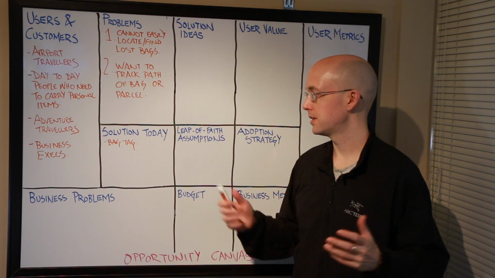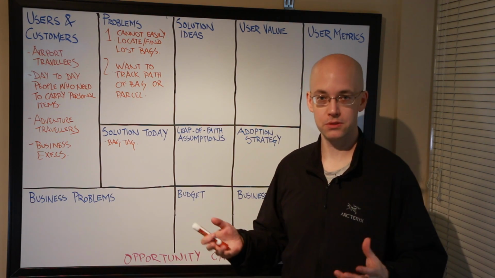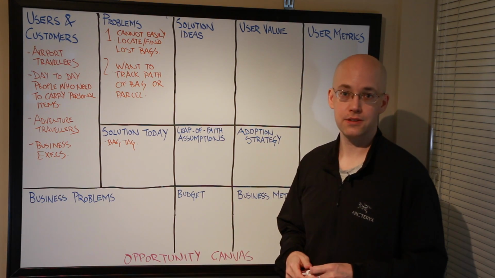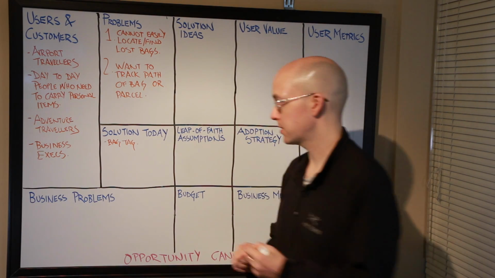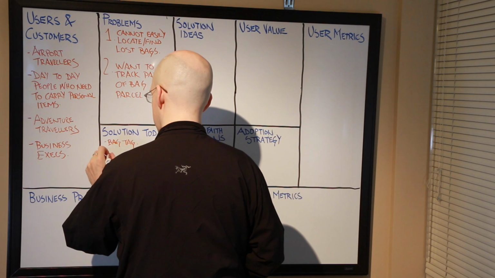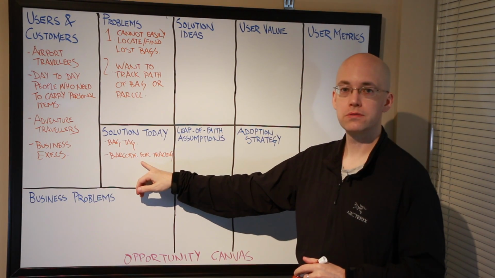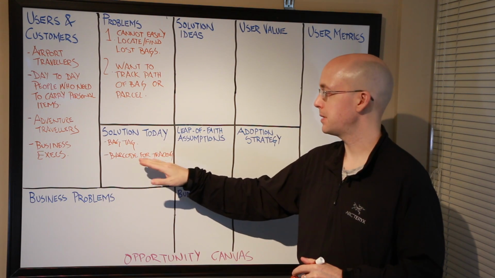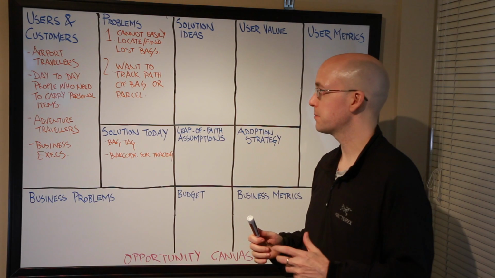We all hope that this is a good world and people are doing the right thing, but that doesn't always happen. When it comes to tracking, let's say there are barcodes. So I'm going to mark down here that we have barcodes for tracking. And I picked this because I'm thinking of a way to track the path of the bag or parcel.